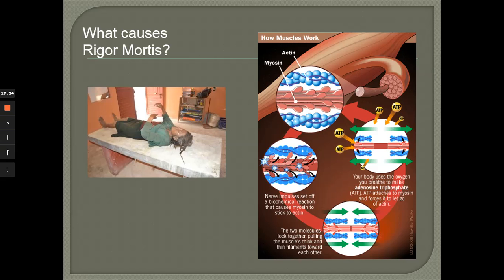So it's called rigor mortis. I don't know if you've ever heard of it before, but for a certain period of time after death, the body becomes rigid.